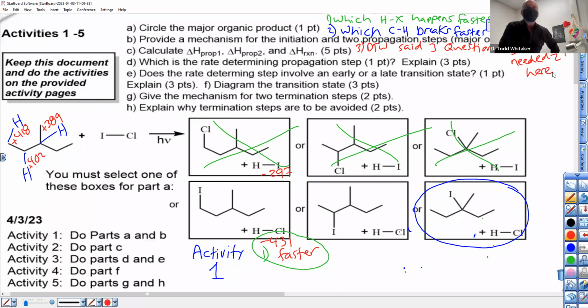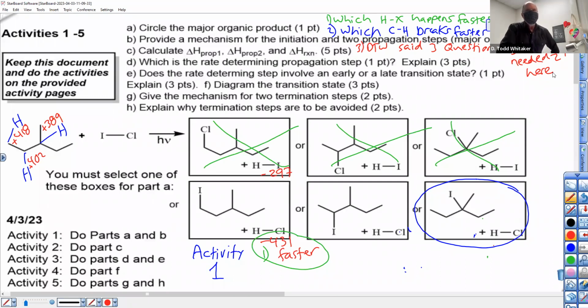I'm going to leave you with an exercise, a review day exercise. Find an old version of this question where a third question had to be answered, and we will do that one. And the third question, I'll tell you, which CX bond forms faster?